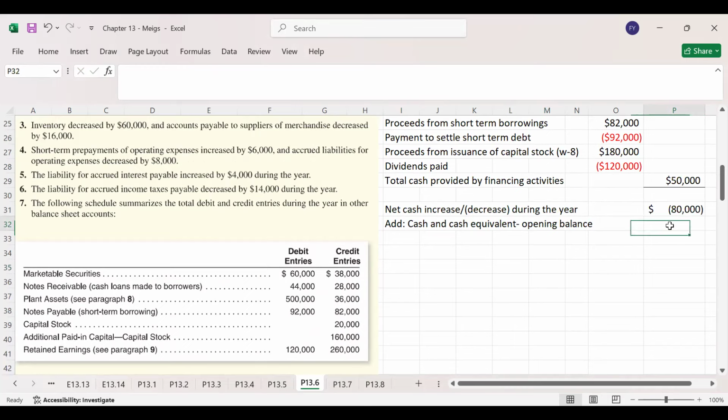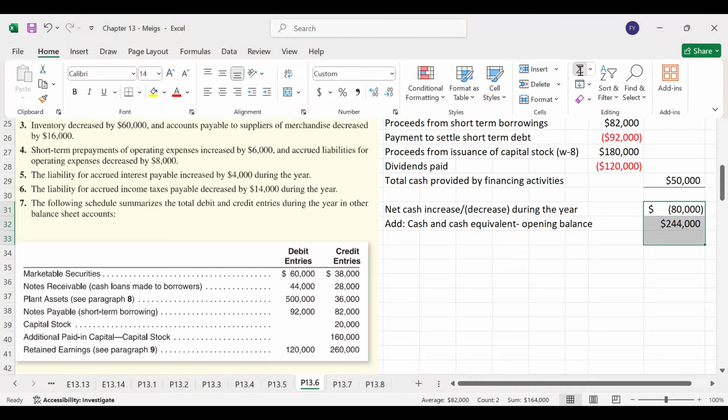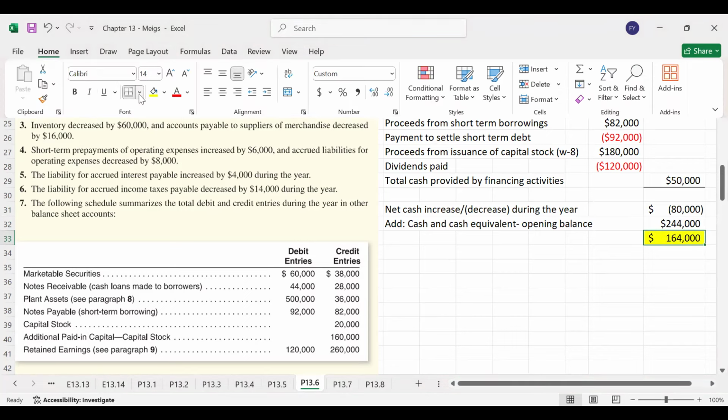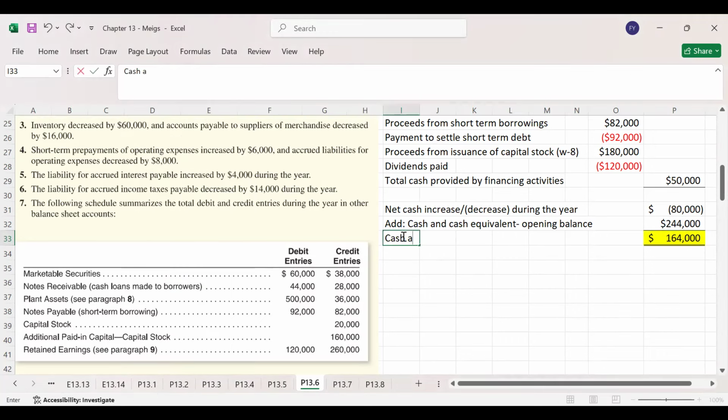Here we have $244,000, and when we add both of these, we get $164,000. You can see this amount is the cash and cash equivalent closing or ending balance.